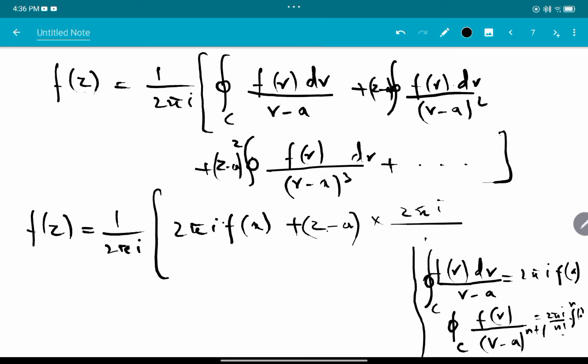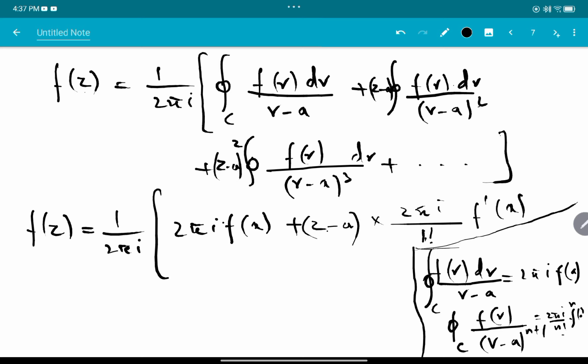What is n? n is 1 less than the power of (gamma minus a). Gamma minus a has power n plus 1, and 1 less than that is n. So what is the power here? That is 2, and 1 less than that is 1, so it is 1 factorial, and then the first order derivative f dash a. You might have started to have a vision of this Taylor's theorem.